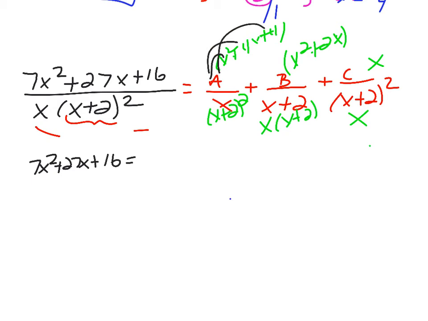So I get ax squared plus 4ax plus 4a plus bx squared plus 2bx plus cx.